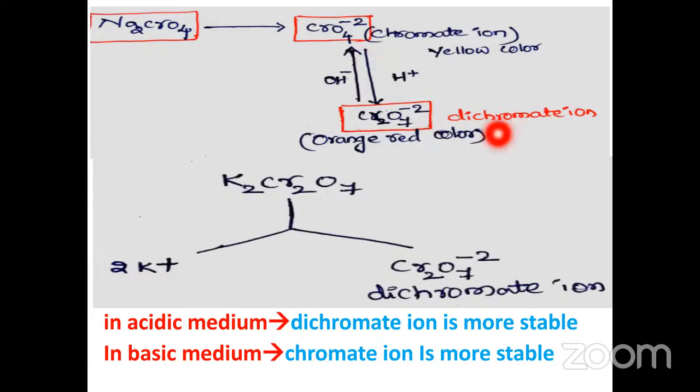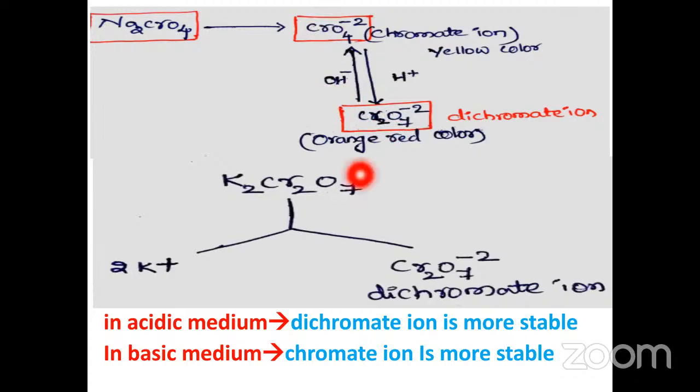This dichromate ion, orange, in basic medium is converted back to the chromate ion. In acidic medium, chromate ion is converted to dichromate ion. In basic medium, dichromate ion is converted to chromate ion.